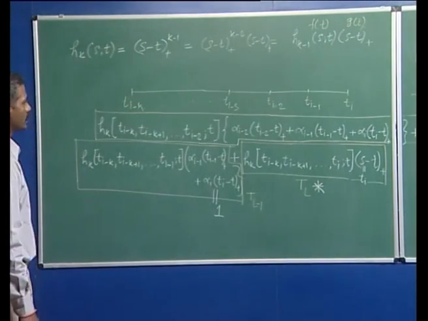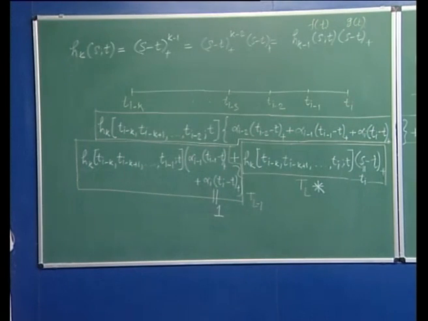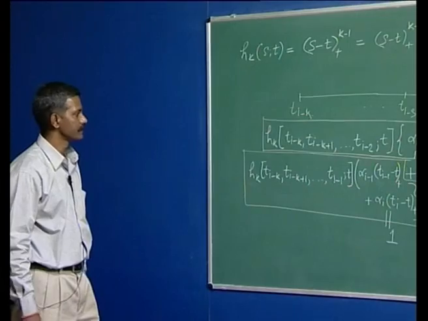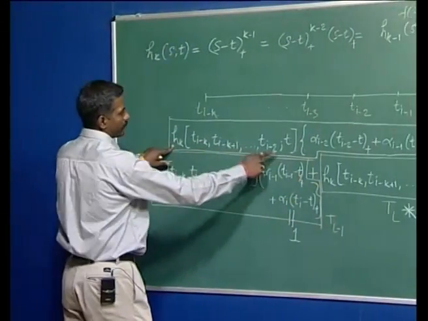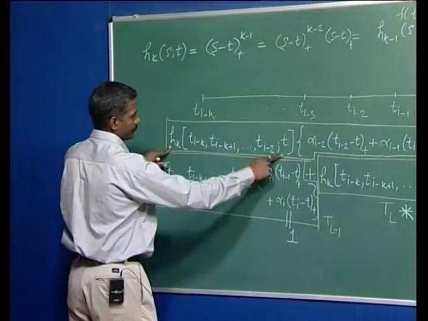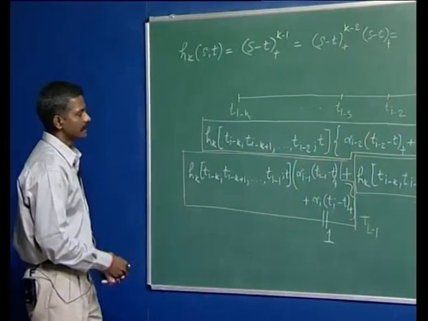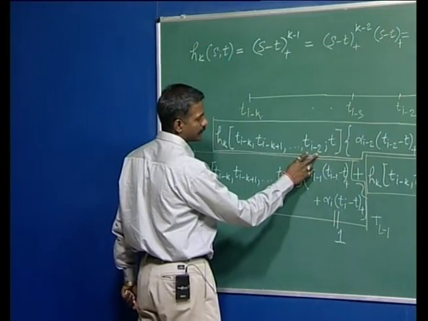Now, let's go to the third last term here. And we are going to be using similar arguments. Look at this expression over here, and in particular, look at this last number, t_{i-2}.